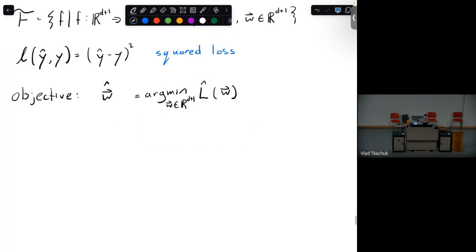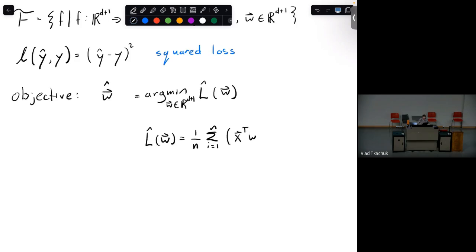And the last thing to remind you of is what this estimate is with a w plugged in. Well, as before, it's the sample mean, right? So you have 1 over n in the front, and then you multiply by the sum from 1 to n of the loss function. But now the loss function with this x, I plug in everything explicitly.